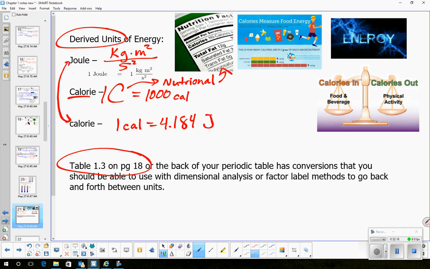Well, if you think about it, our calories are usually written in kilocalories.